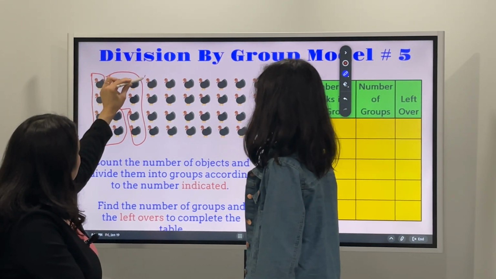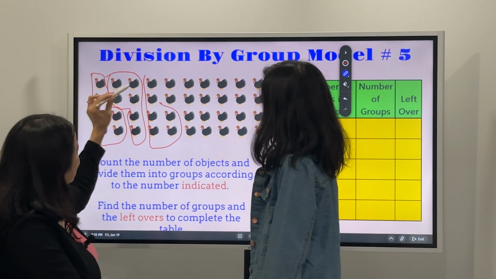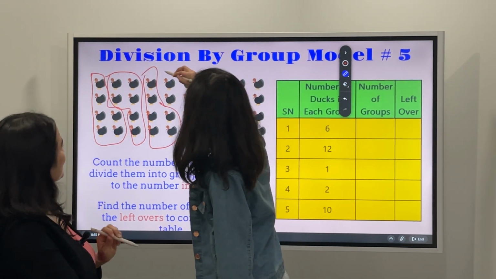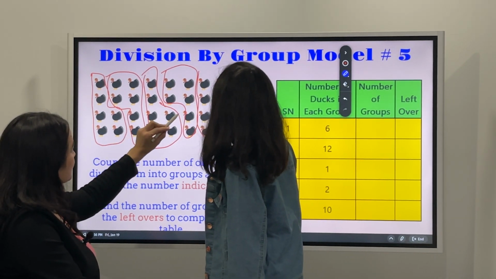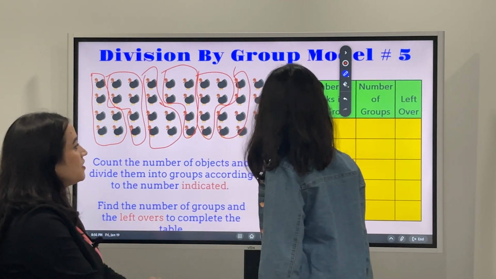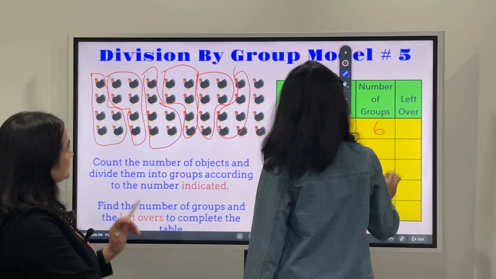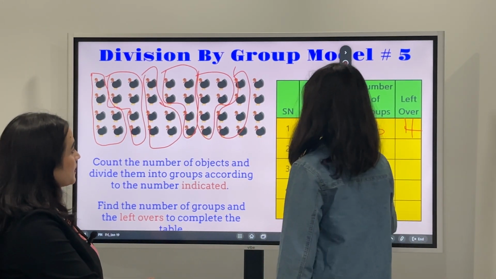It's a little bit hard. So 1, 2, 3, 4, 5, 6. 6 groups of 6, and then there are 4 remaining.